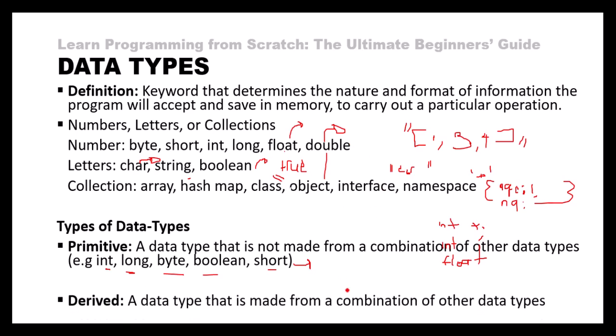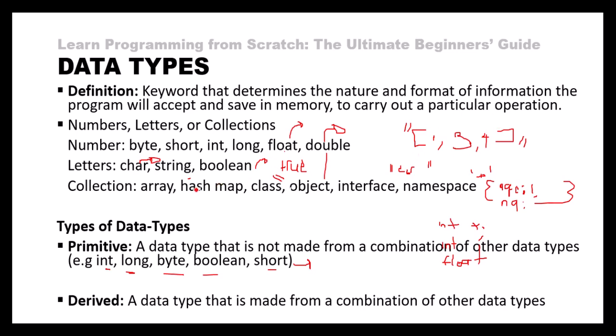The second type of data types is known as a derived data type. A derived data type is a data type that is made from a combination of other data types. Examples of derived data types are an array. An array is grouping numbers, so it's using a combination of numbers.